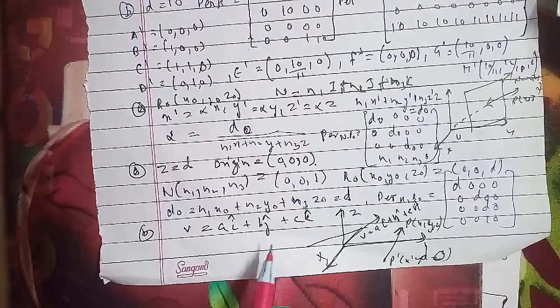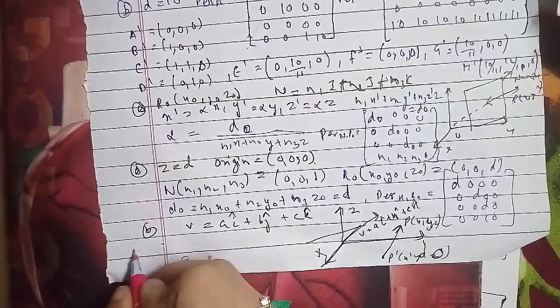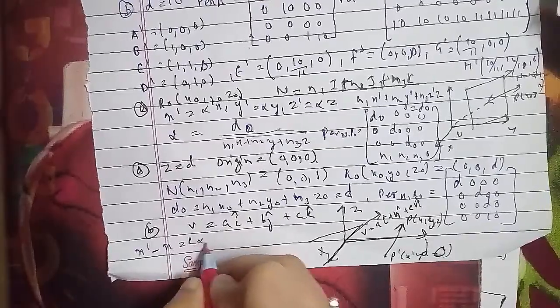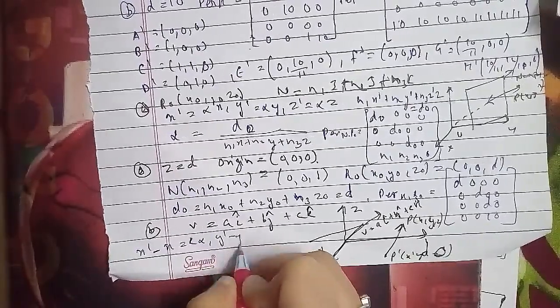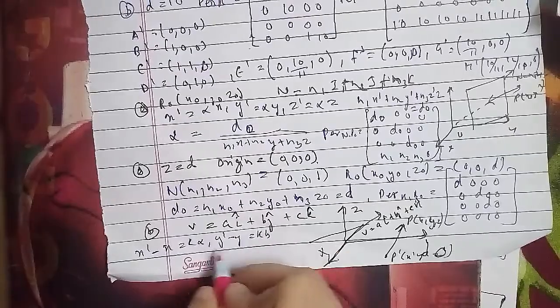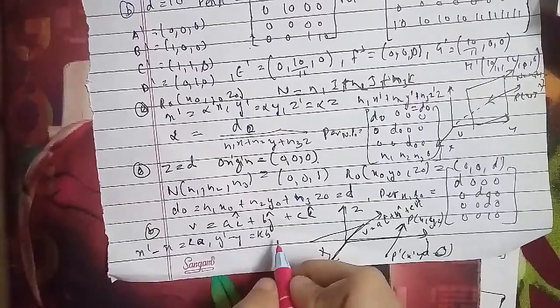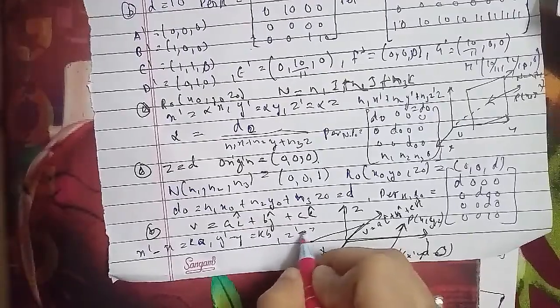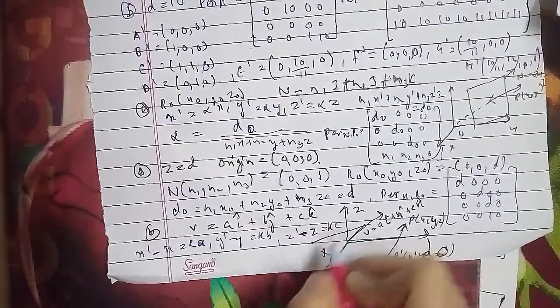Comparing the components, we have x dash minus x equals k a, y dash minus y equals k b, and z dash minus z equals k c here.